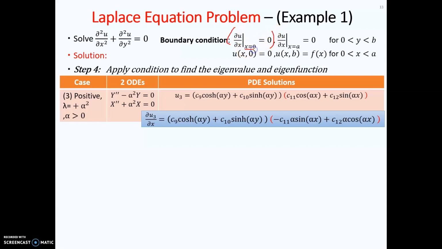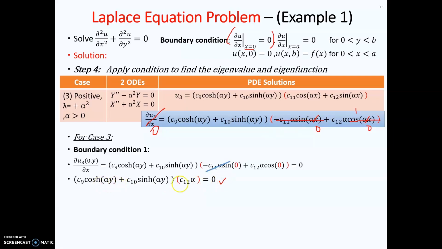When your x equals 0, the derivative will be equal to 0. So this will be equal to 0 when your x here is equal to 0. Cos 0 gives you 1, and sin 0, this term will be cancelled. So you should be able to obtain this equation, and the hyperbolic cos and hyperbolic sin here cannot be equal to 0 for your y from 0 to b.